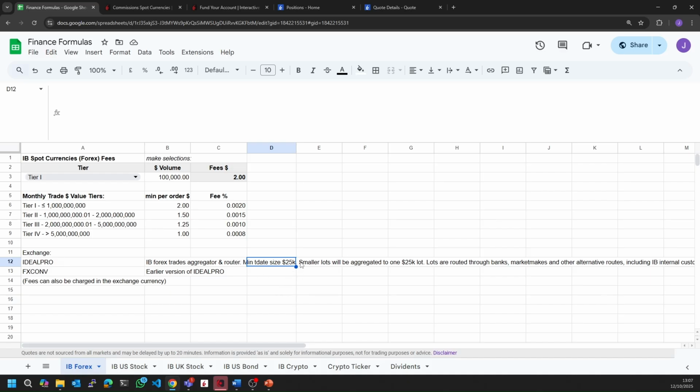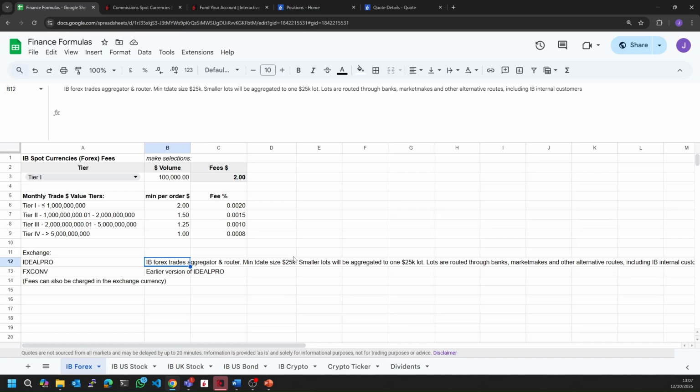If it is less than 25K, it will consolidate the trade into one single ticket, because banks accept high volume trades, and in this case it is 25K for Forex exchanges. But it doesn't mean that you need to trade 25K. Your orders will be split.